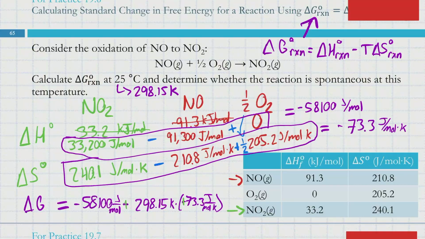Negative 58,100 plus 298.15 times 73.3. So our standard change in free energy is negative 55,900-ish joules per mole, for 3 significant figures or whatever it would end up being.